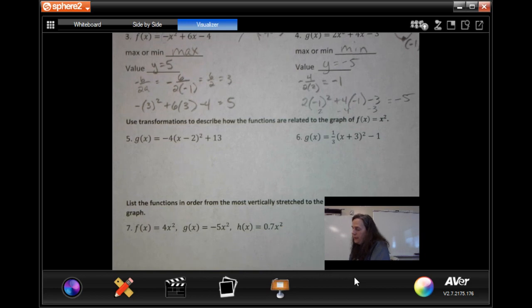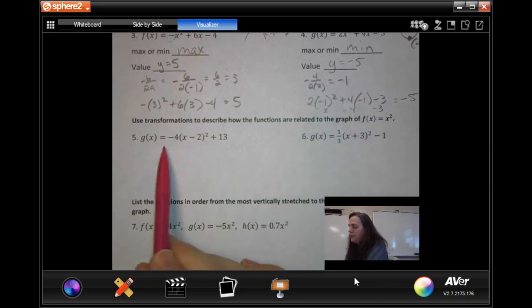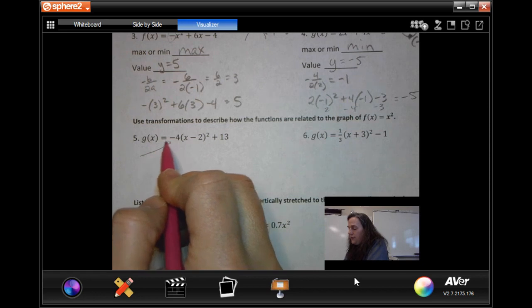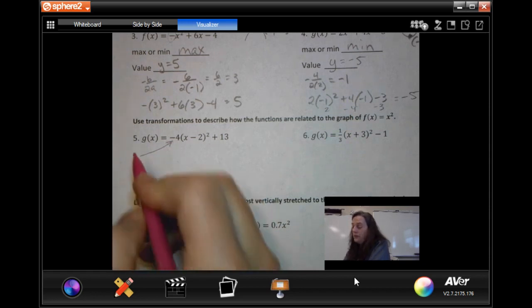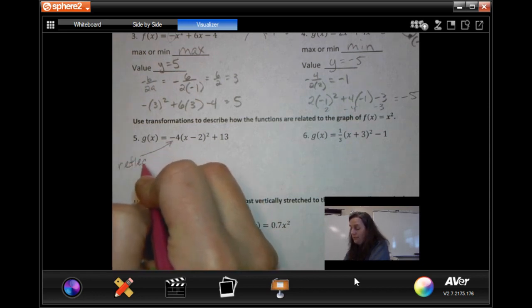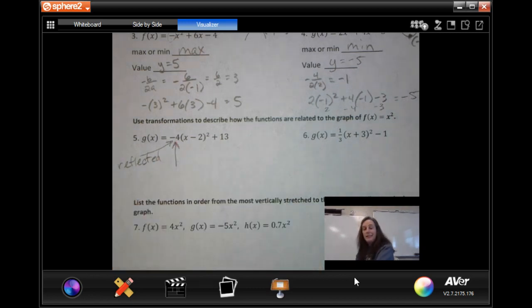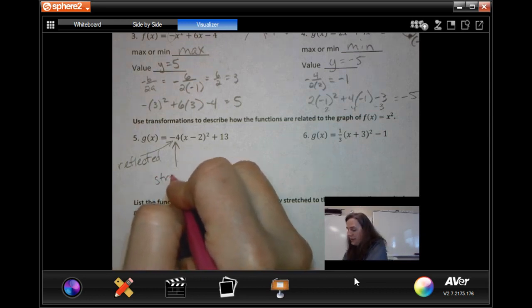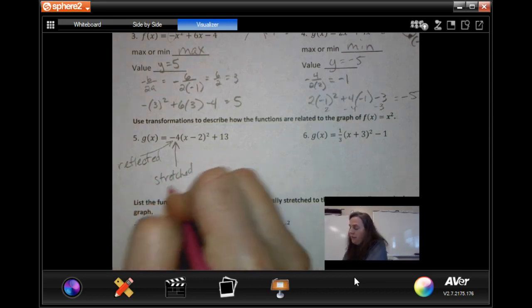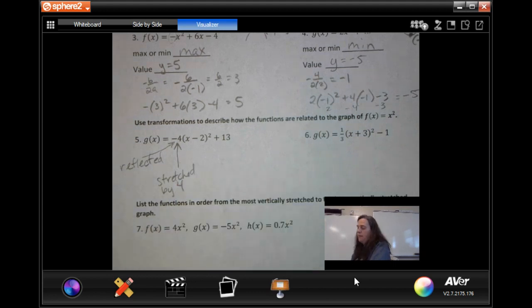All right, let's look at this one. Use transformations to describe how the functions are related to the parent function. So what happened here? What did they do? And you guys know these things. There's a negative, so it's reflected. There's a value in the a spot, and it's bigger than 1, so stretched, and we can say by 4.